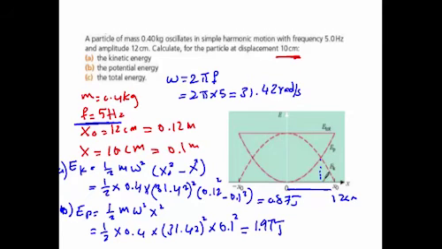So we are somewhere here, close to the 12 centimeter. And the sum of them will give us the total energy. So total energy will be the sum of the potential energy and the kinetic energy, which will be 2.84 joules.